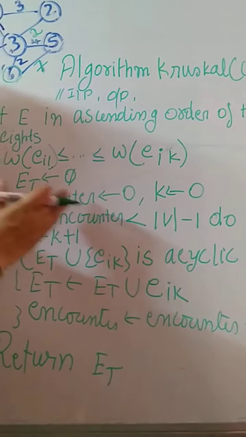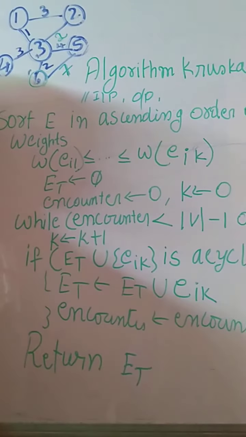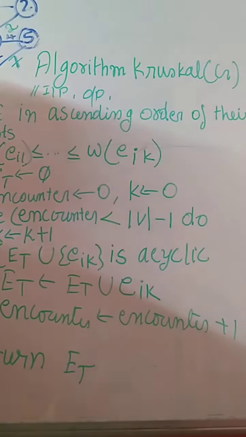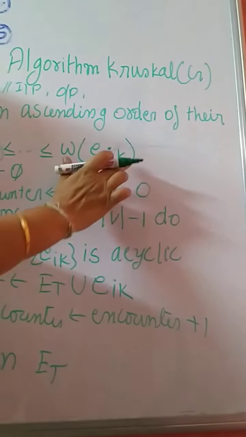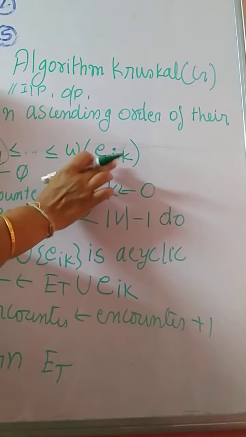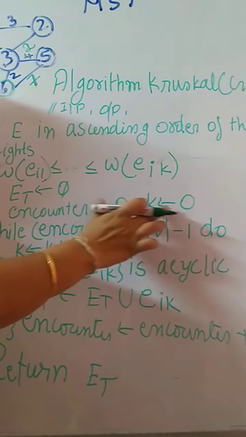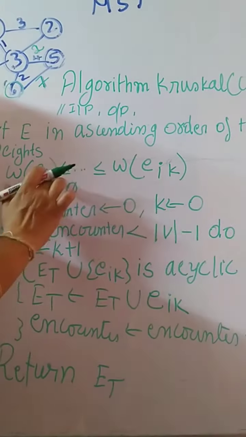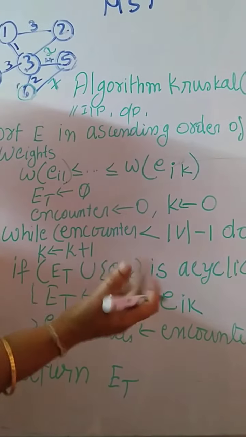And k is one more intermediate variable we are using. Till I reach the last edge you can continue like that. K is 0 means no edge, 1 means the next edge, like that.